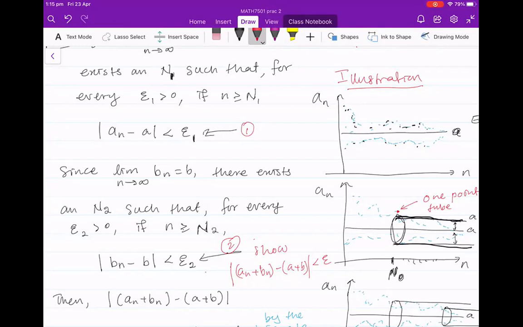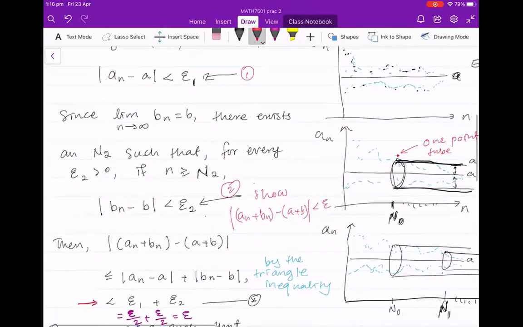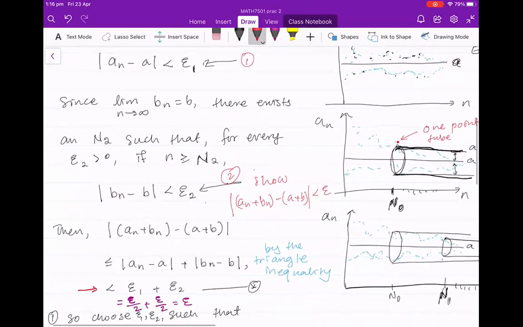Anyone else would like to add to this? No? Okay, that's called the triangle inequality. Thanks, Kai. That's a good start.